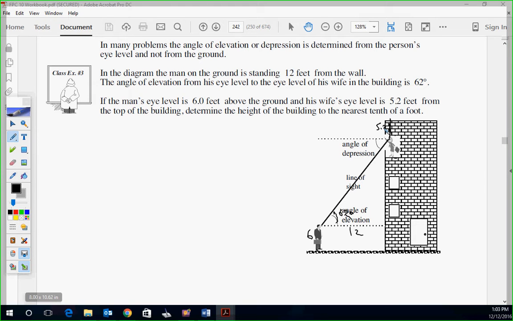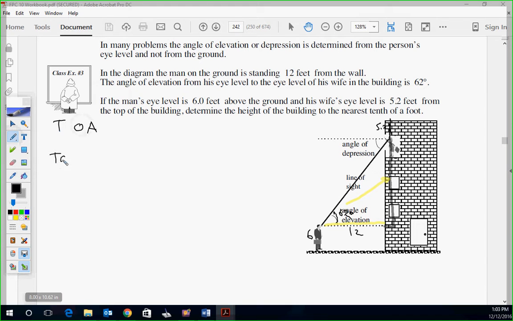So first, we need to figure out this side of the building. How tall is that? If I look at it, I want the opposite side. I'm given the adjacent side. The hypotenuse is irrelevant. So I know it's OA, which is TOA.